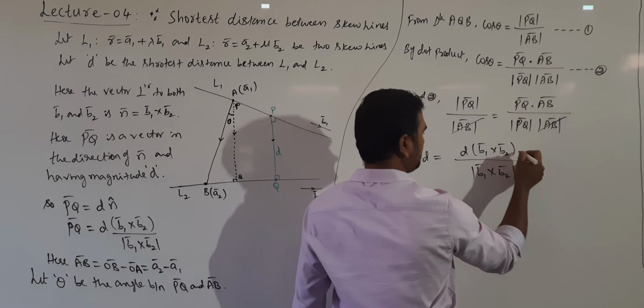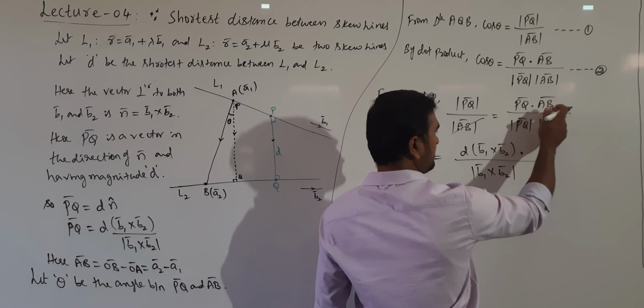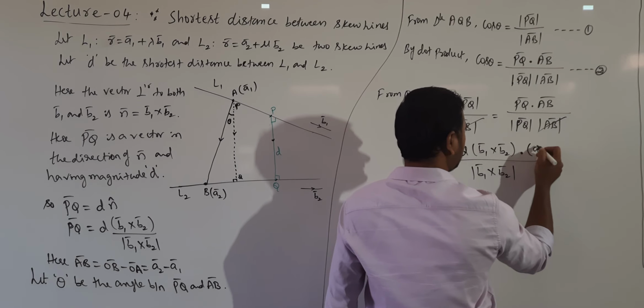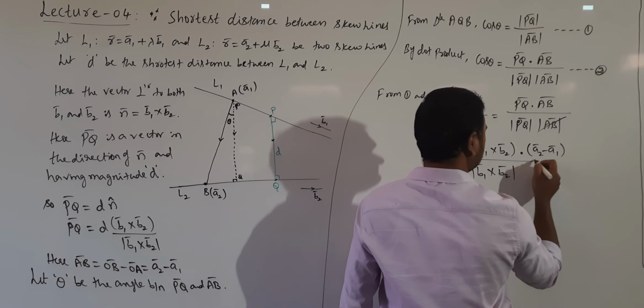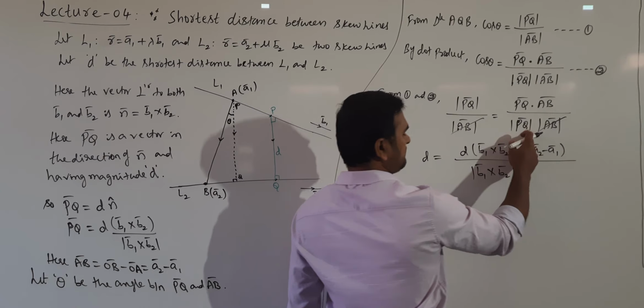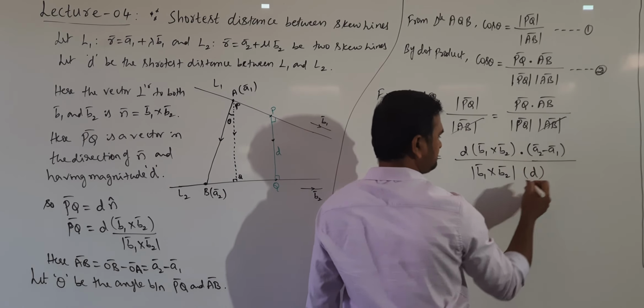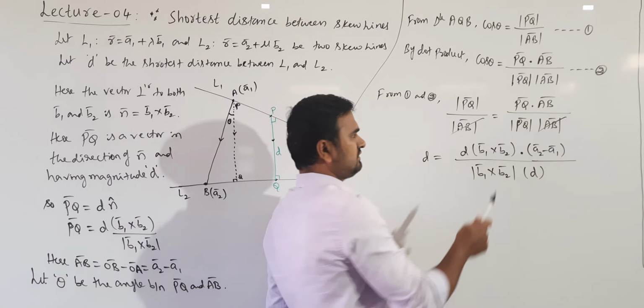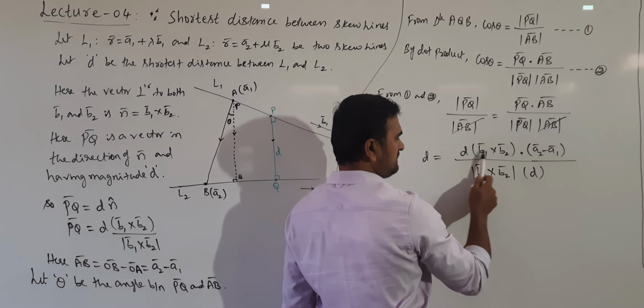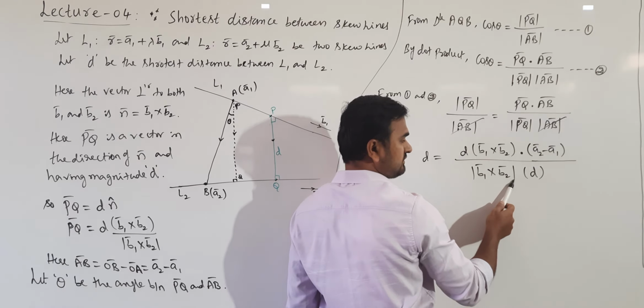This is PQ bar. Dot product with AB bar. What is AB bar? It is A2 minus A1 divided by magnitude of PQ. What is magnitude of PQ? It is nothing but d. Understand? PQ bar is this vector d into B1 cross B2 divided by magnitude of B1 cross B2.